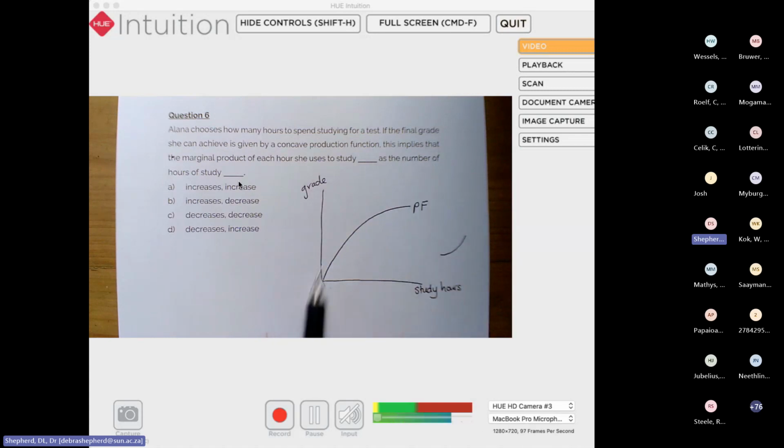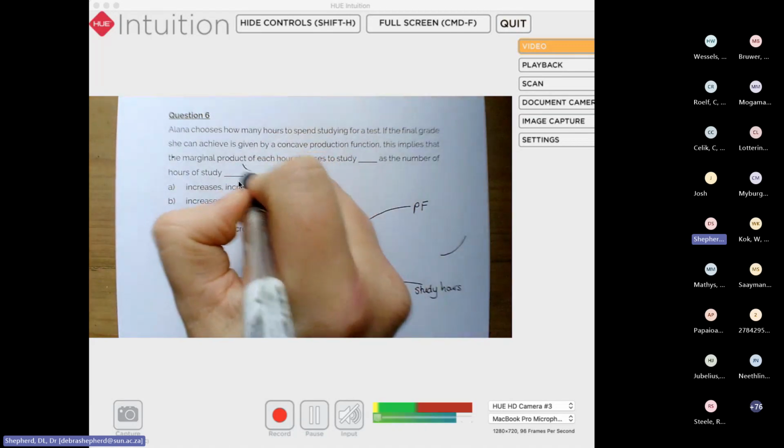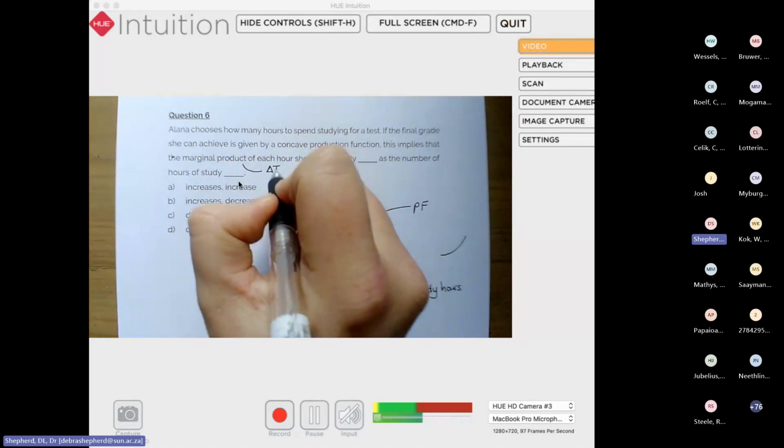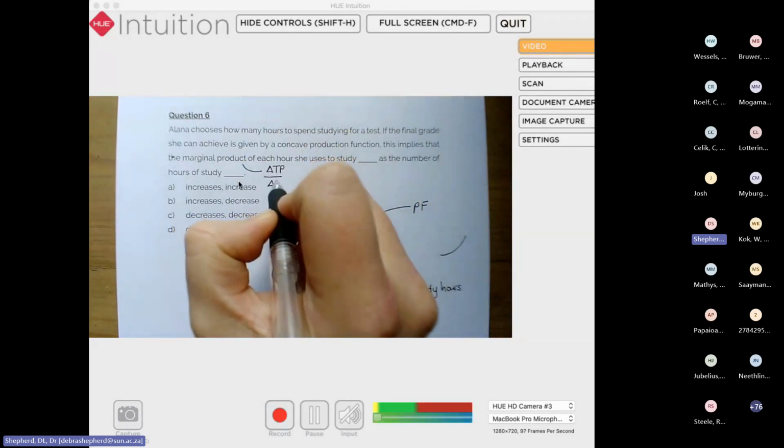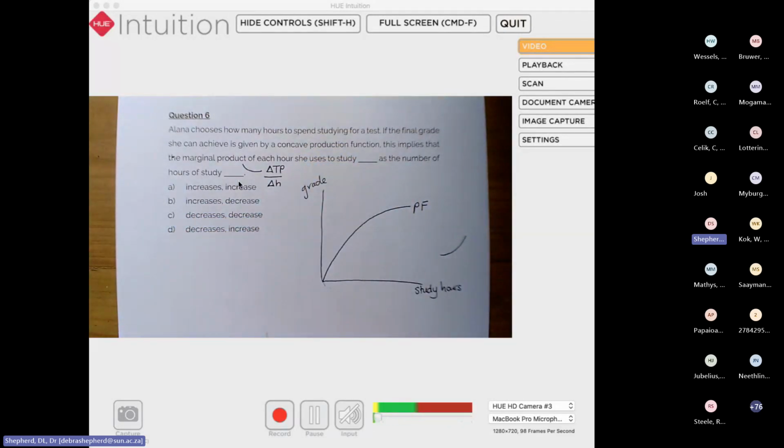So looking at this picture here, what would happen to the marginal product of each hour of study if the number of hours of study increase? So what does the marginal product represent? The marginal product is the change in the output, the total product, when hours of study change. So let's say she's currently studying this many hours.